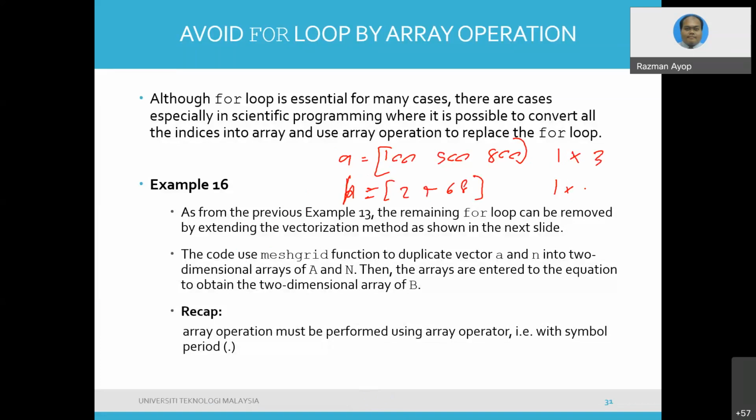This one is 1 multiplied by 4. So the size is not the same, okay? Because you want the result for all of these combinations. So how to do this? So basically you use mesh grid, okay? So basically from these 2 parameters, it will create a mesh, okay?